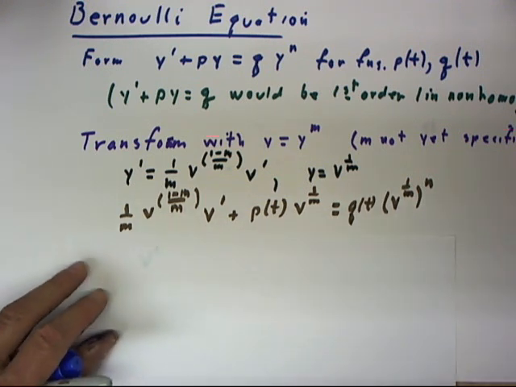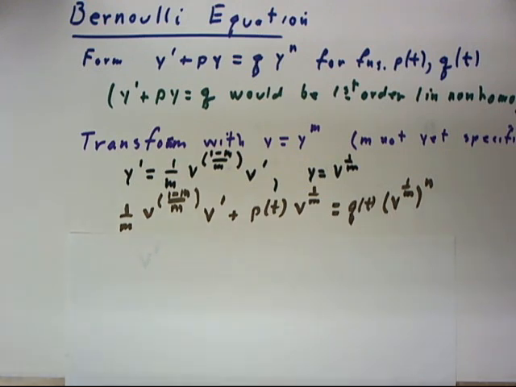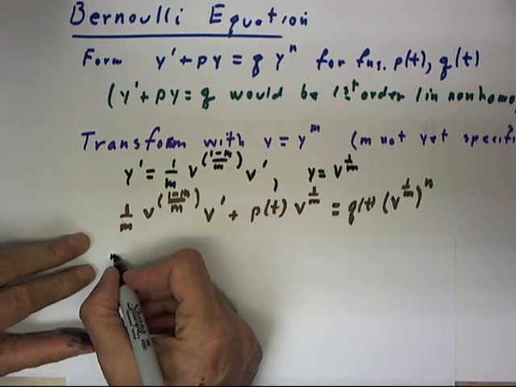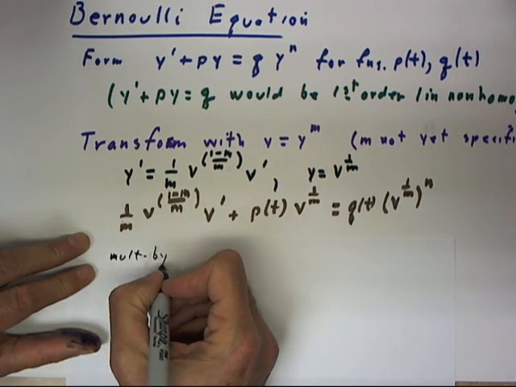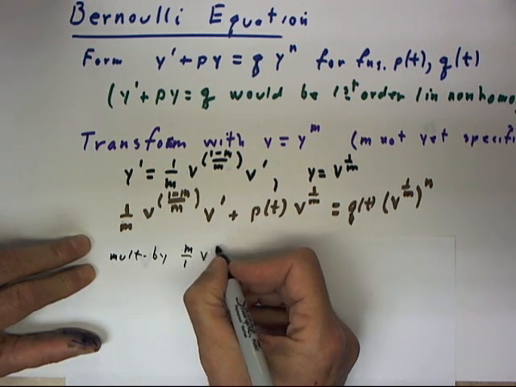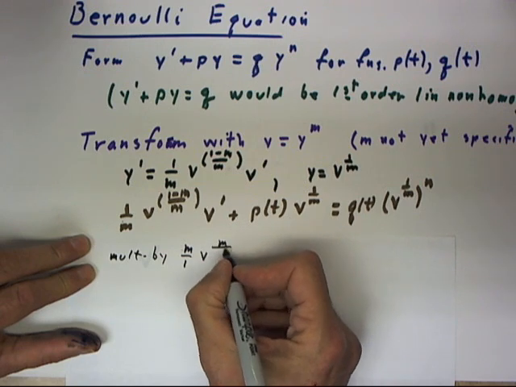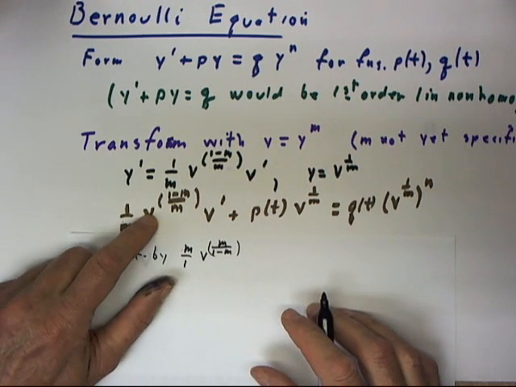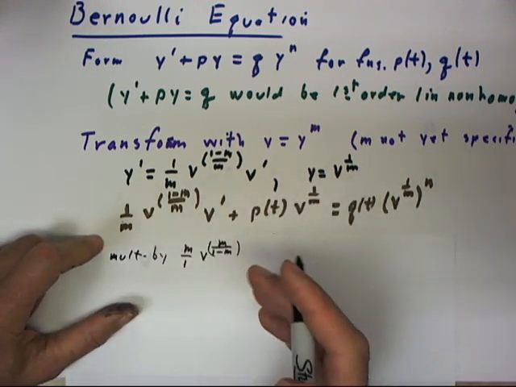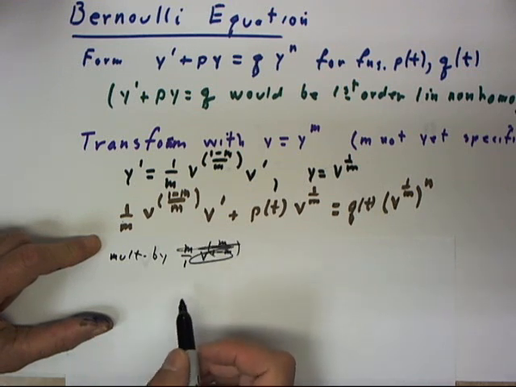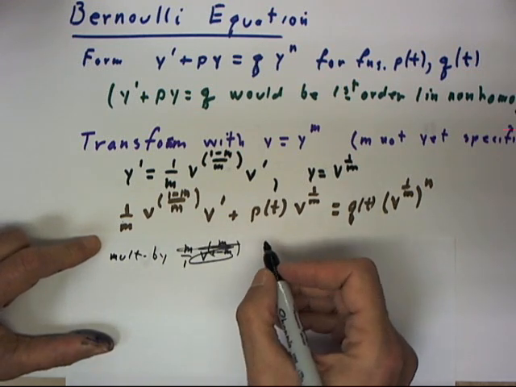Okay, now just writing out a couple of intermediate steps here on a separate sheet. We're going to multiply both sides by the reciprocal of this. So we multiply by what? M over 1 times v to the m over 1 minus m power. Okay, we multiply by v. See, now I just did something there. Let's be real careful, because I've been known to do this before.